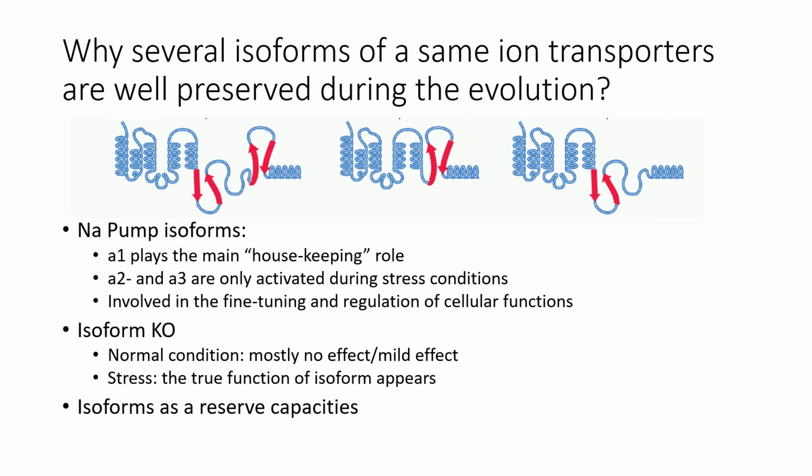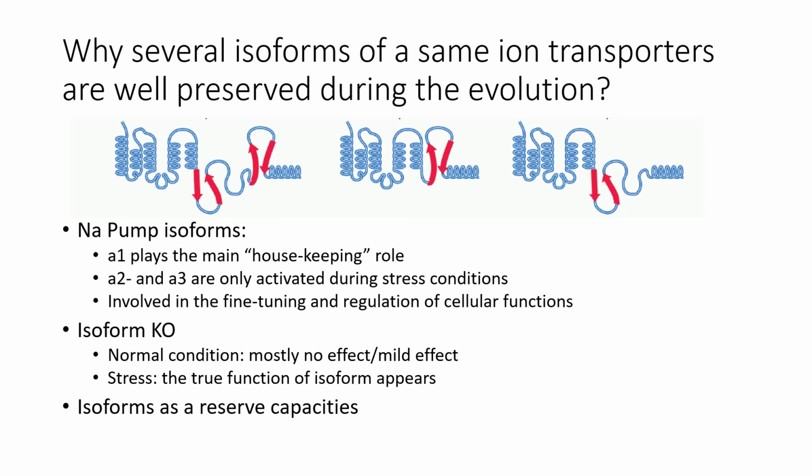So most of the data I presented today suggests that there is a difference between the role of alpha-1 and alpha-2 isoforms of sodium pump. But the central question is why we might need these different isoforms, or why several isoforms of the same ion transporters are well preserved during evolution, not just the pump, but other transporters.